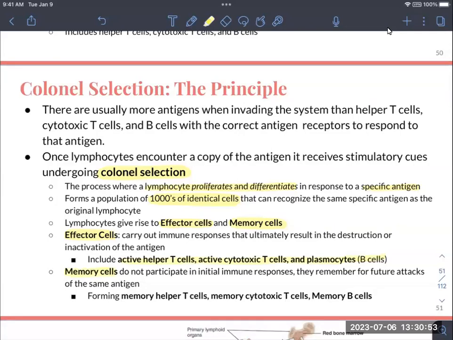our system. So with a rhinovirus, that's one of the types of common colds, and there's hundreds and thousands of different types of rhinoviruses that fit into that category. We come across a specific rhinovirus. We make cells, those memory cells, to remember that specific antigen, so the next time we come across it, we can fight it off faster.